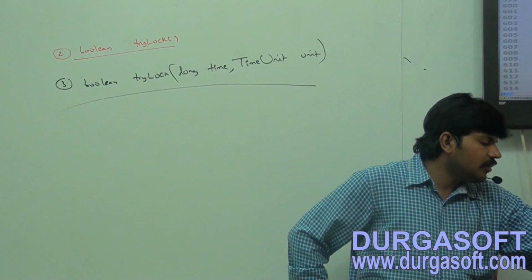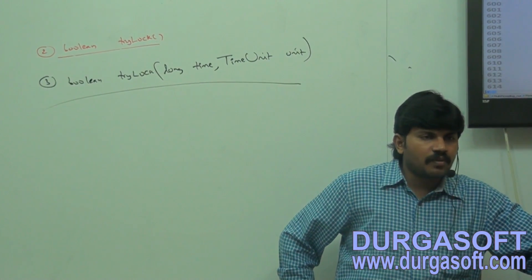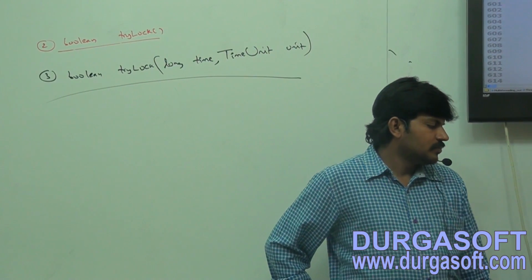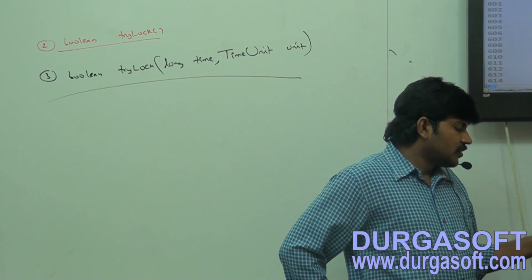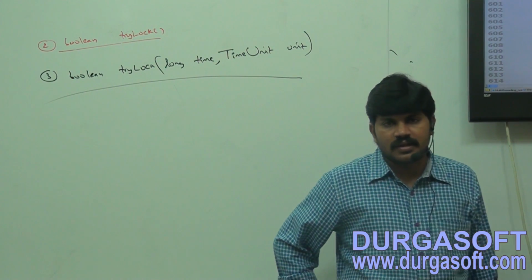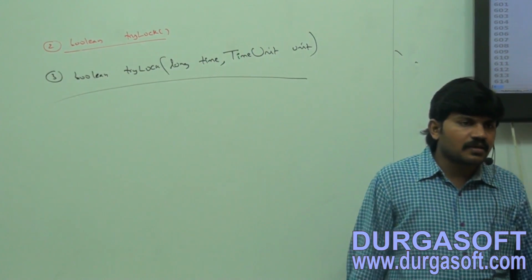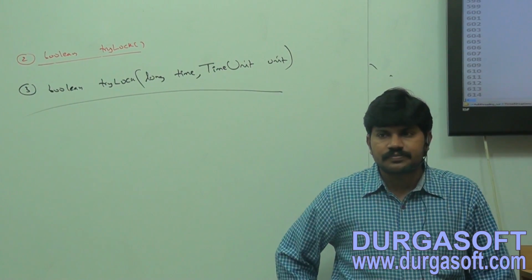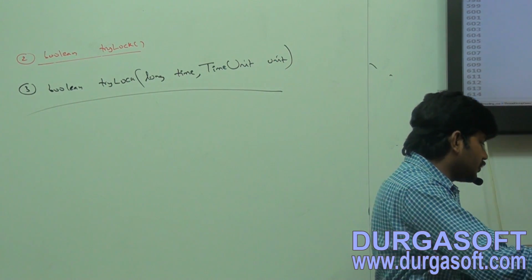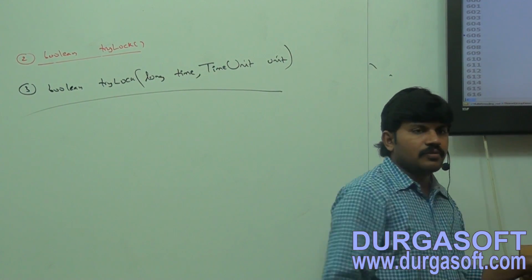Still, if the lock is not available, then the thread can continue its execution. Are you able to understand, right?